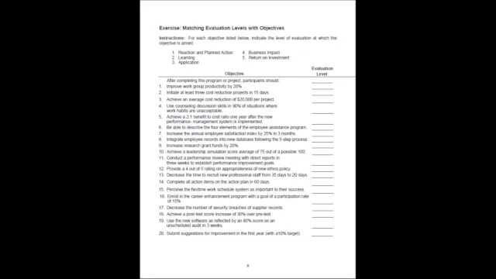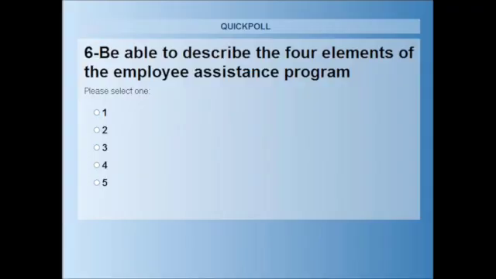After completing this program, participants should be able to describe the 4 elements of the employee assistance program. At what level is this? If we collect data to see if we met the objective, is it reaction, learning, application, impact, or ROI? Okay, people still voting. So far, we got an agreement at level 2.